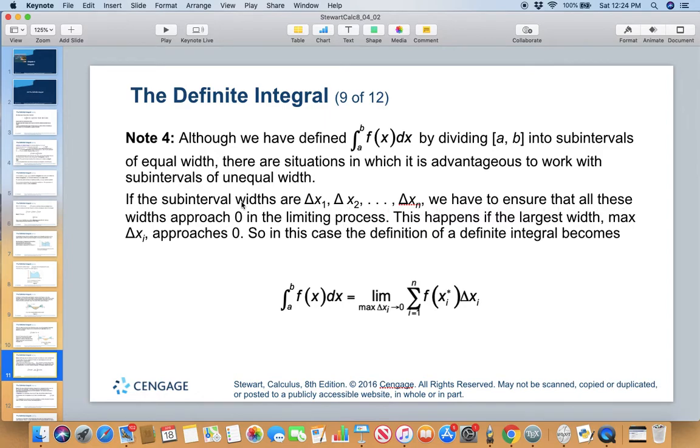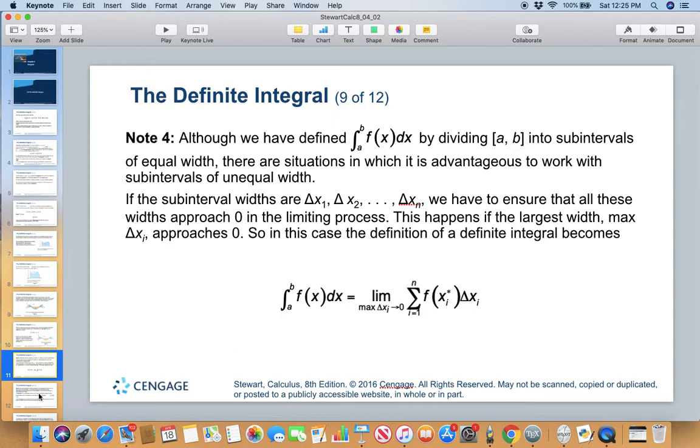We have to ensure that all these widths approach 0 in the limiting process. So instead of saying n going to infinity, you can say the maximum width is going to 0. That is, your rectangles are getting thinner and thinner. So integral a to b f(x) dx is the limit, as the maximum width goes to 0, of the sum of areas.